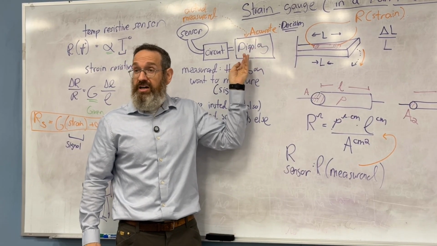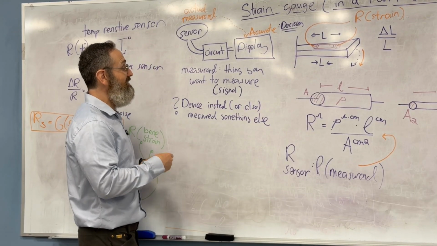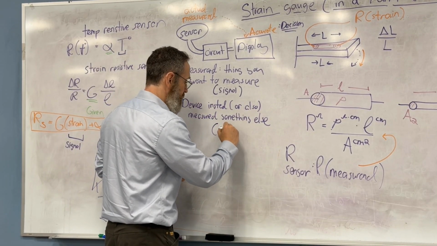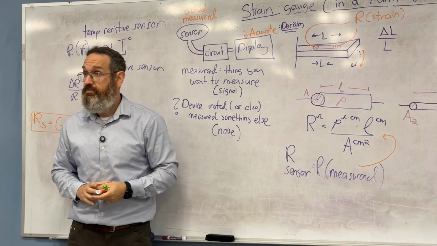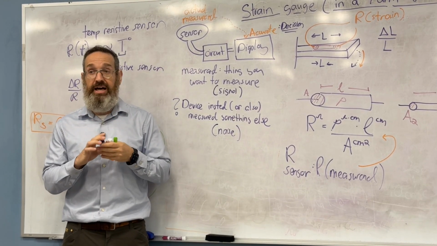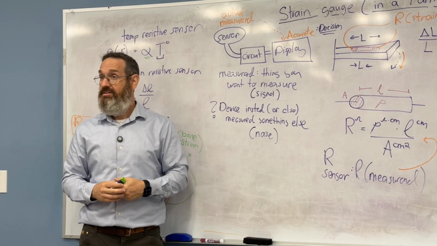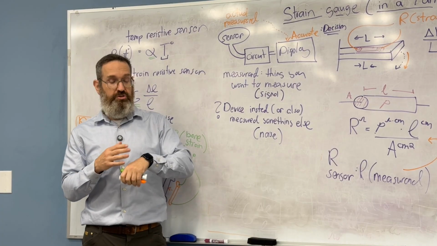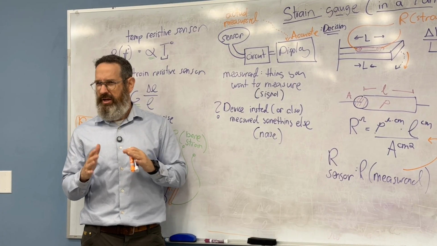And if your device cannot distinguish between signal and this other thing, which we will call noise, not only do you not do very well in projects in this class, you end up producing devices with disastrous consequences. Okay.